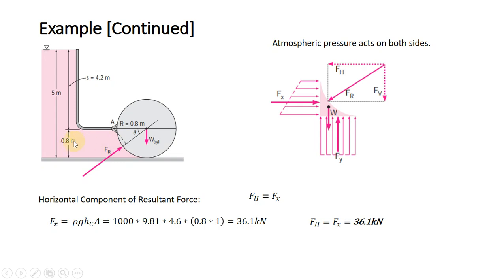So you have 0.4 from this, so you have 5 meters minus 0.4, which gives 4.6, and the area would be 0.8 times 1 meter, that is the width of the gate. So the horizontal force is 36.1 kilonewtons.